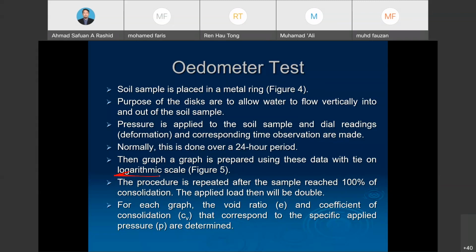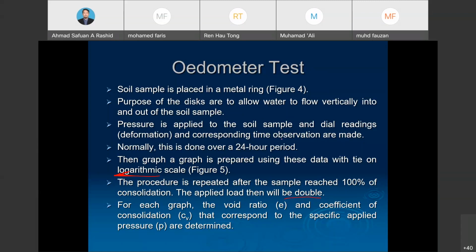The procedure is repeated after the sample reaches 100% consolidation. Then we increase the load by double. For each graph, the void ratio e and the coefficient of consolidation corresponding to the specific applied pressure are determined.